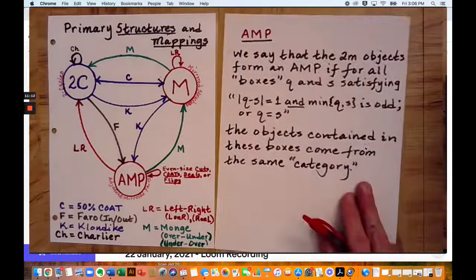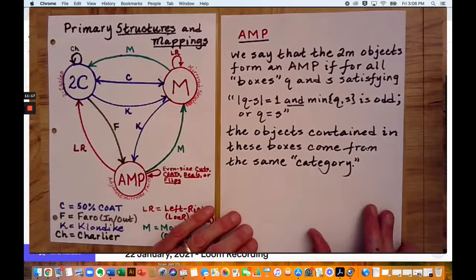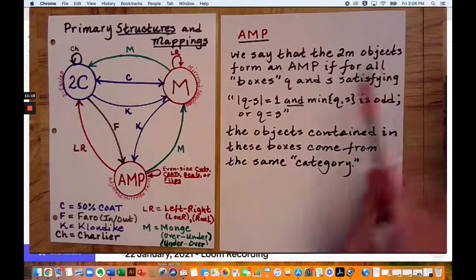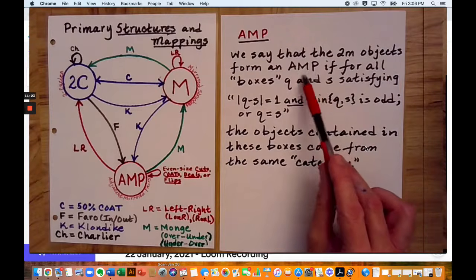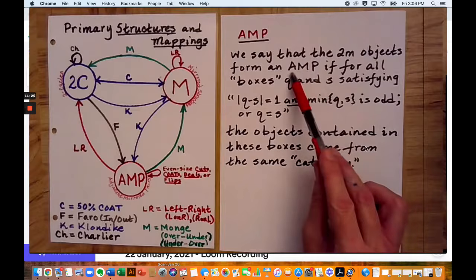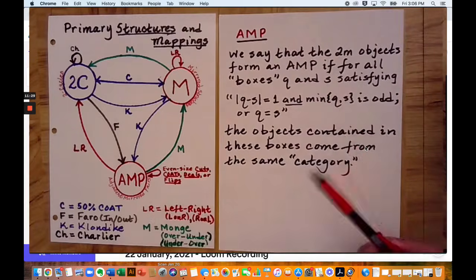Finally, for an AMP, which is down here at the bottom, we say that the 2m objects form an AMP. Now, AMP actually just stands for adjacent mirrored pairs. That's where the term came from.